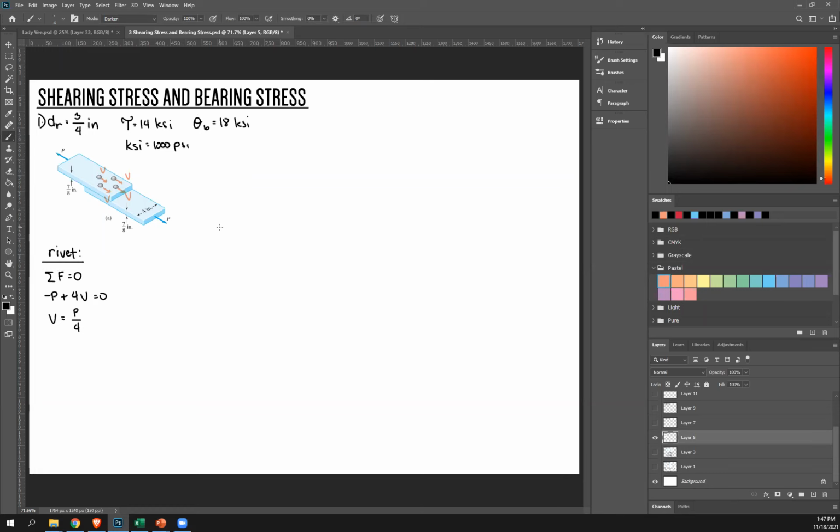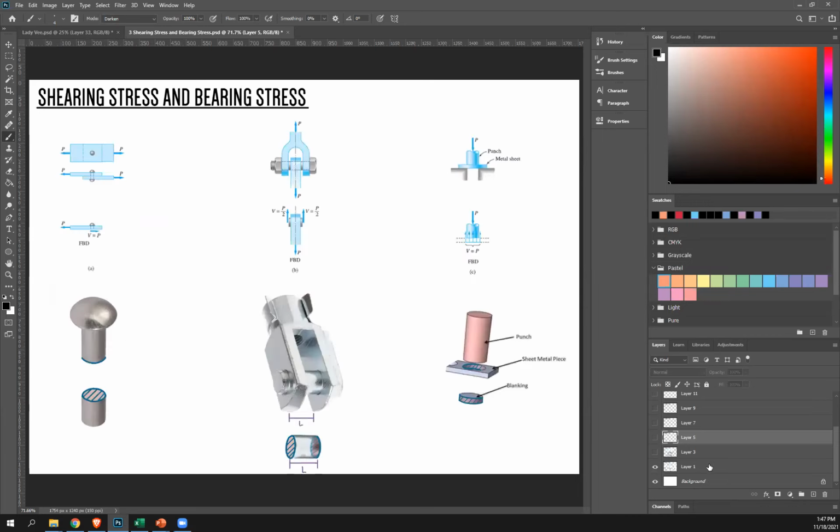Next step is to use your working stresses. For shear, we're going to use shear stress, so tau equals V over A. We already know V is P over 4. And A is the shear area of a rivet, which we mentioned earlier is simply the area of a circle. What's the area of a circle again?